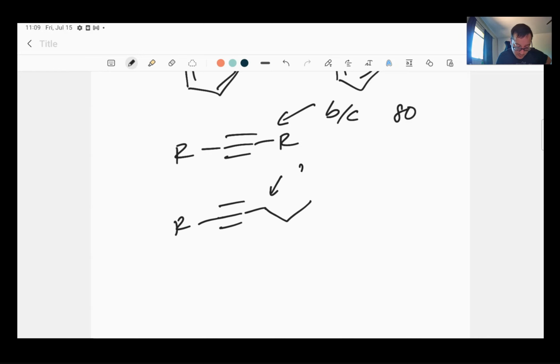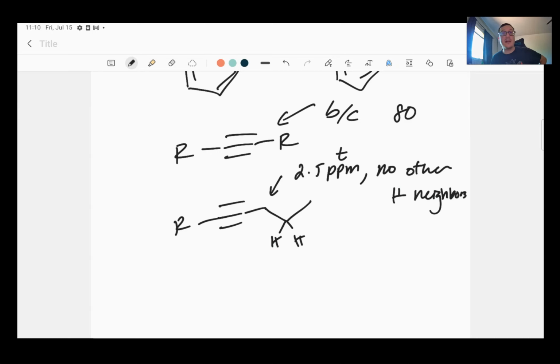Because this was 2.5 ppm, and we had no other H neighbors. Right? We know we had these 2 H's. This was a triplet, right? We had a triplet there, and there were no other H neighbors. So a triple bonded carbon would make sense, because the triple bond carbon does not have any hydrogens there.